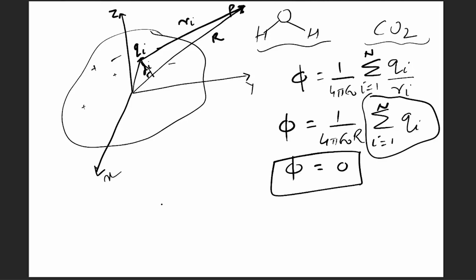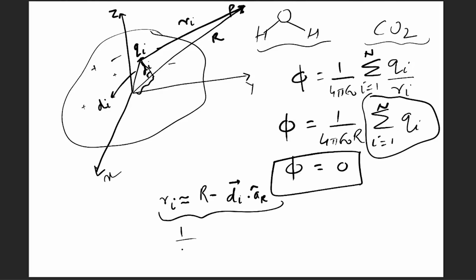We will further try to refine using Taylor's series expansion. You see that this Ri can be written approximately as R minus this portion, and if this is di, this portion is di dot ar, so this will be Ri.